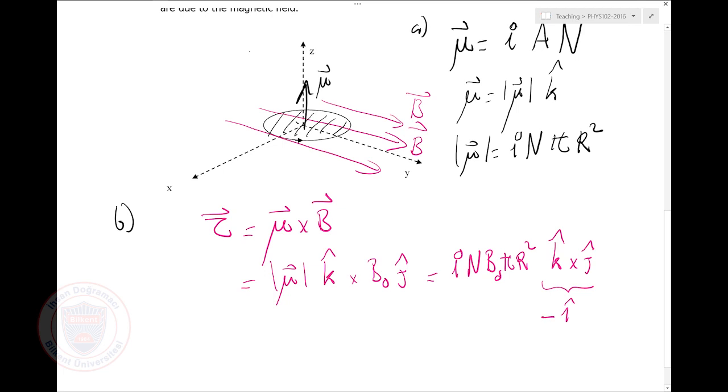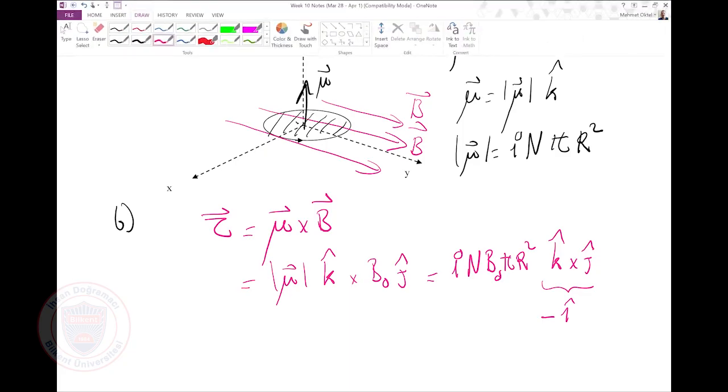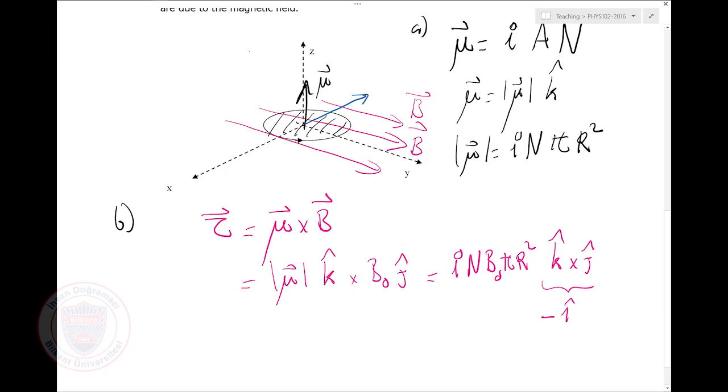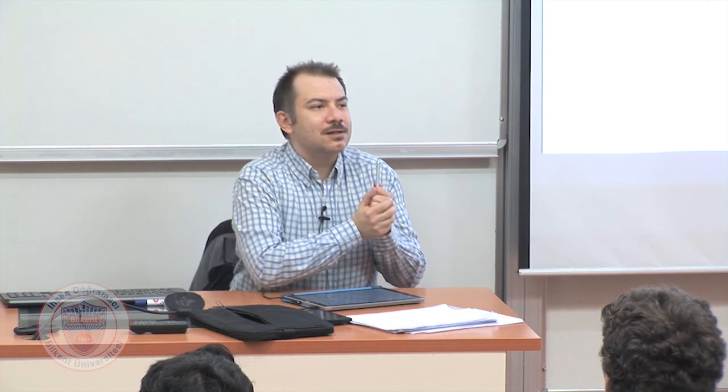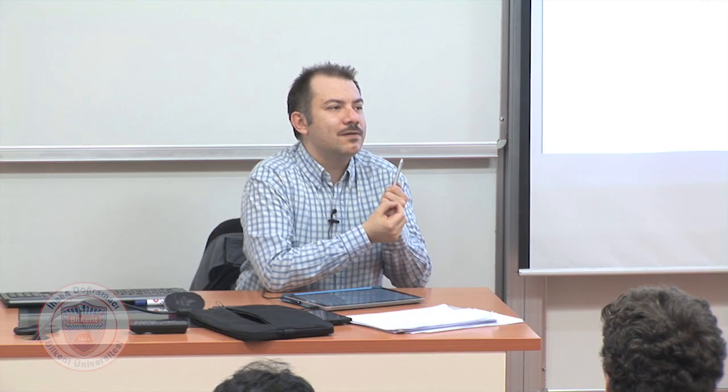What does that mean? So that's my torque. Blue. So this is my torque direction. Mu cross B. Okay. What does that mean? What kind of rotation does that mean? Every time if I have torque, angular velocity, whatever, it's a rotational quantity that's shown as a vector, again I use my right hand rule.